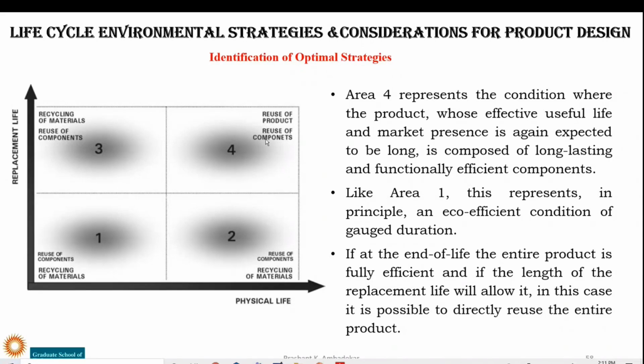So this is the case of that fourth one. So we can increase the use of that product. In this case, it is possible to directly reuse the entire product. So we are using it again. Okay, that is the fourth condition.